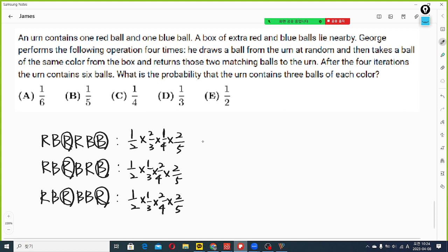So actually the product of these three all have the same value. So we can pick one of these three, and we can multiply by 3 because there are 3 arrangements possible.